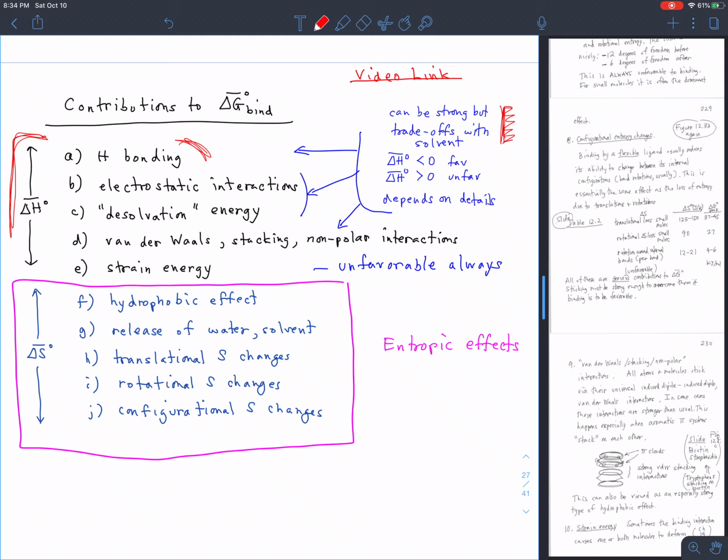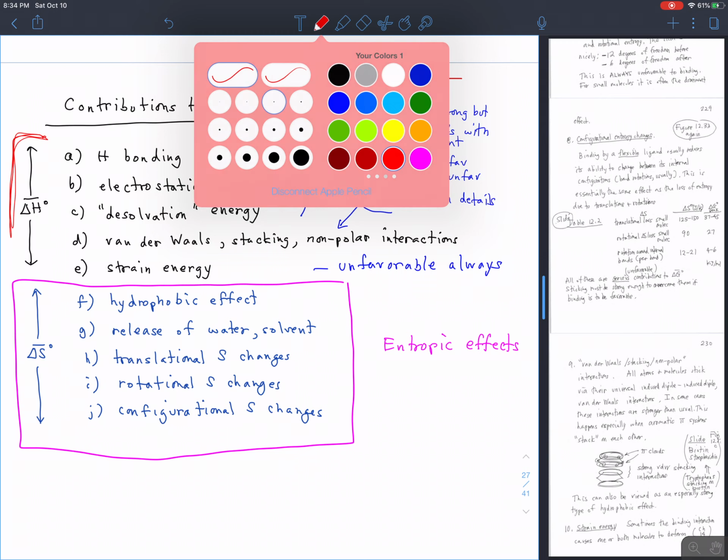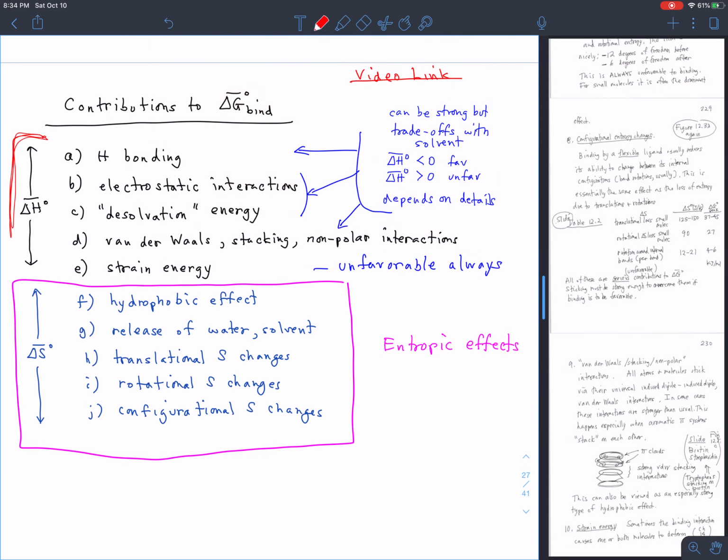And so, even though these are nominally big contributions, big effects, they may not be big and they may not even be favorable. They can be unfavorable. If they are unfavorable, they're usually not hugely unfavorable, but unfavorable, or even just weakly favorable, means that something else is usually responsible for the binding.